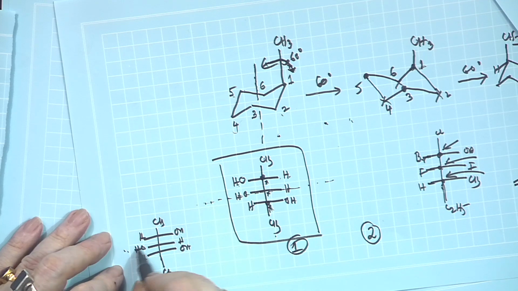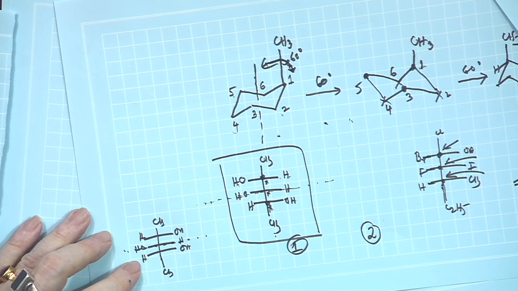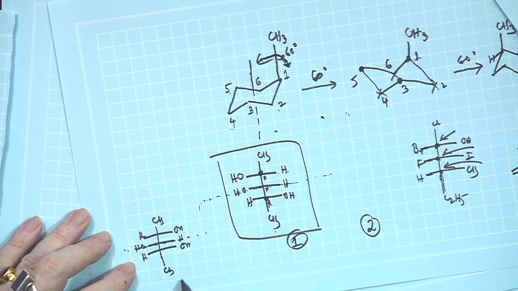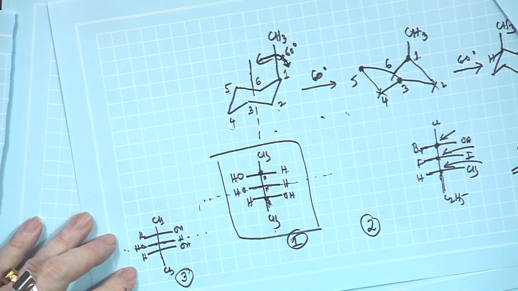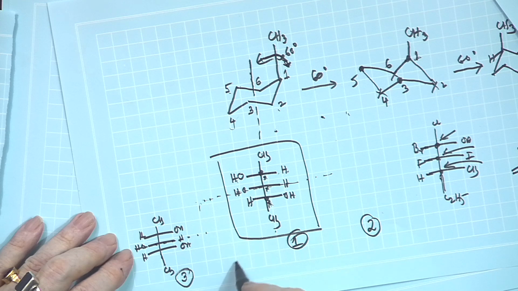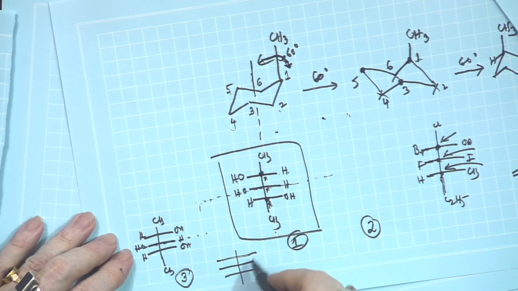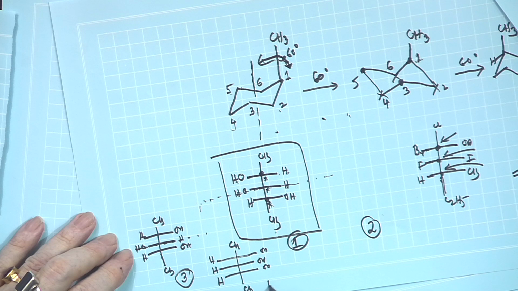Now, this has created a plane of symmetry. So, if it has a plane of symmetry, it means the mirror image will be the same. This is your number 3, and then you can have another meso compound which will look like this, in which all 3 wedges are on the same side. And that is number 4.